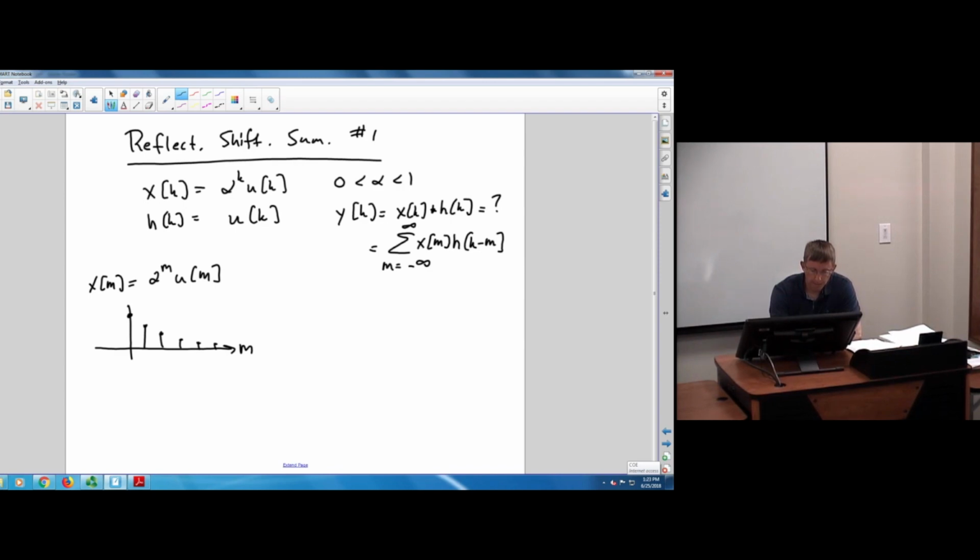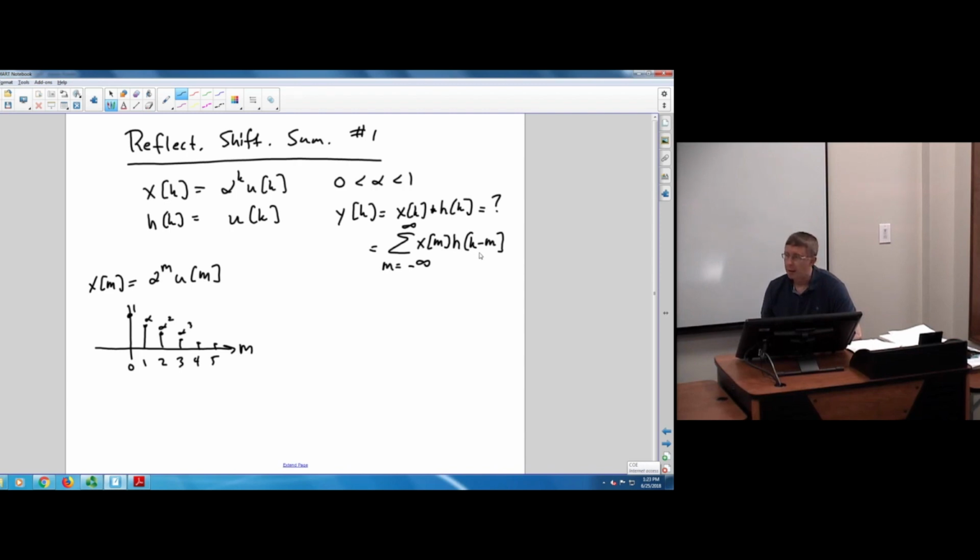It's off at time -1, -2, -3 because of the unit step. Right here at time 0, it's equal to 1, since alpha to the 0 is 1. That is alpha, that's alpha squared, that's alpha cubed, as m gets bigger and bigger. So that's what x of m looks like. Plotting this one's really the easy one because it looks just like x of k. It's just a different variable you're plotting against. So people usually don't mess that one up.